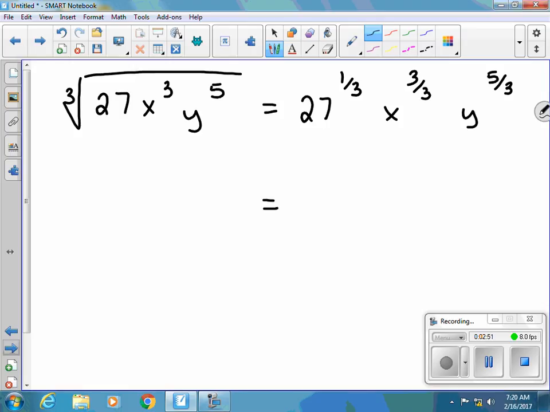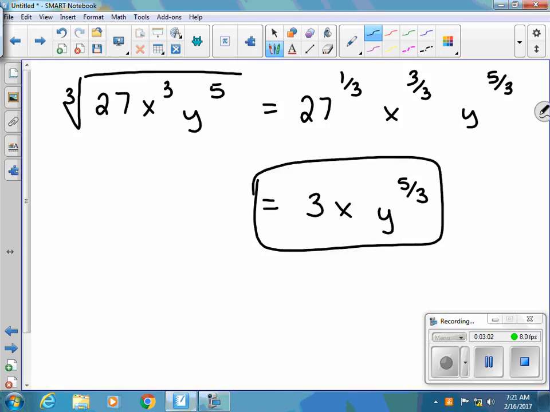This reduces down to 3x and then y to the 5/3. We'll talk about simplification in terms of leaving it in terms of the radical in a different video, but this is all information that you can use.